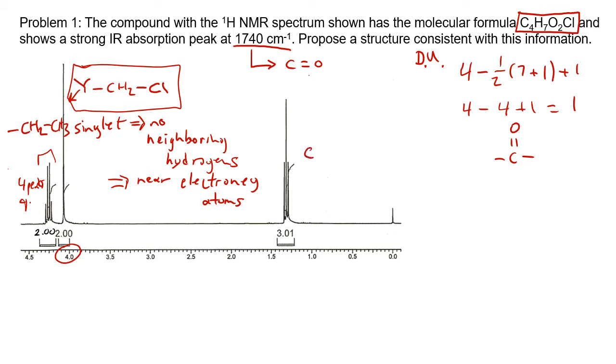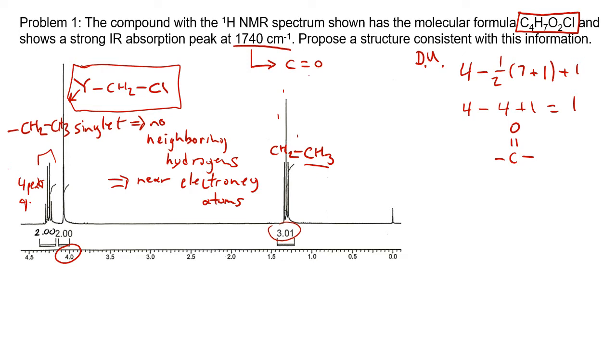So this must be a CH3 because we see this integration of 3, and it must be next to a CH2 because we see the peak split into 3 peaks. Because it's always the number of neighbors plus 1. That's how many peaks we see it being split into. So we have CH2, CH3, so that is an ethyl group.